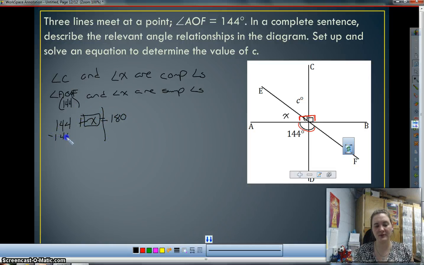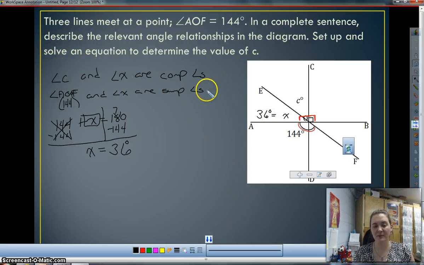Subtract 144 from both sides. Inverse property cancels out. X equals, borrow, subtract, 36. 36 is equal to X.